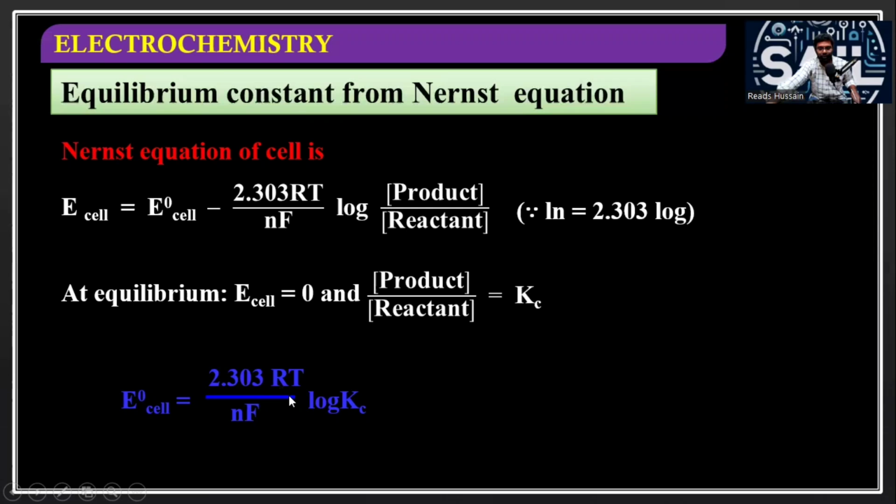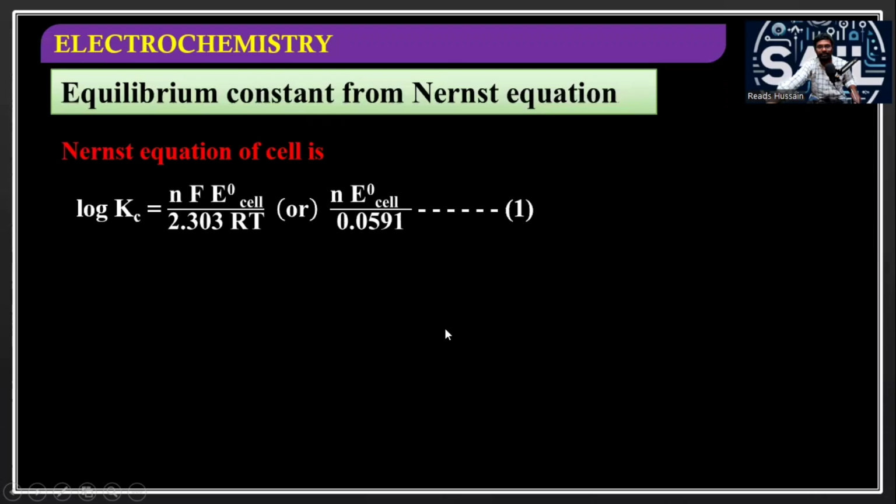And the R value, T value, F value, you know. What are those values? R value is 8.314 joule per mole per Kelvin. Temperature is 298 Kelvin. Faraday is approximately 96,500 coulombs.